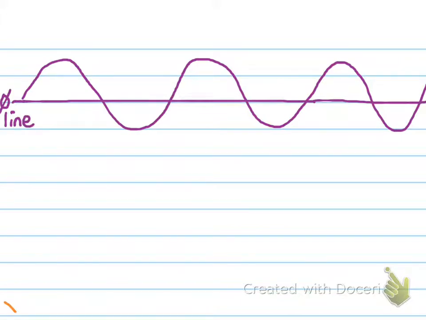Hopefully, perhaps you've learned some of these names. These high points are called a crest. So the way I've drawn this, I have 3 crests in my picture. These low points are called a trough. And again, the way I've drawn this, I have 3 troughs in my picture.